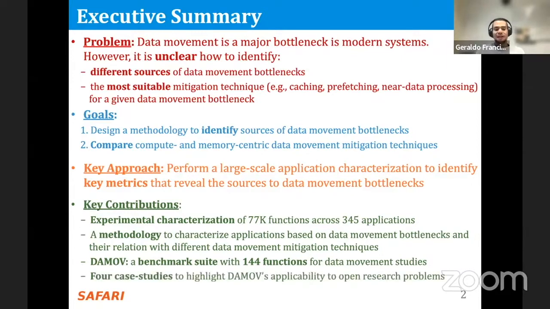And finally, we take our benchmark suite, DAMOV, and we apply 4 case studies to highlight how our benchmark suite can be used to study open research problems on near data processing. Our DAMOV benchmark suite and our simulation infrastructure that I'm going to show next are open source and available on the following GitHub. So feel free to download and use it, and hopefully it's useful for your research.